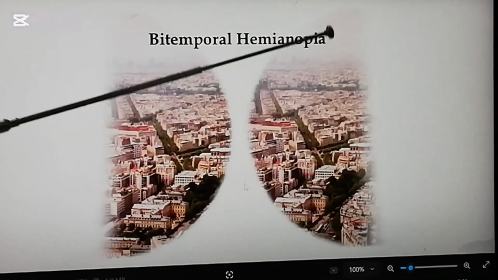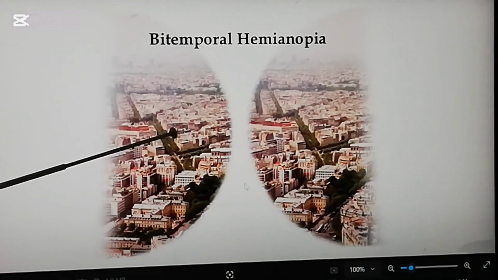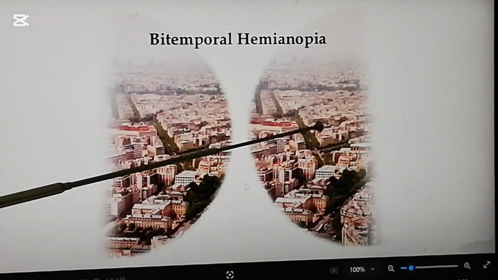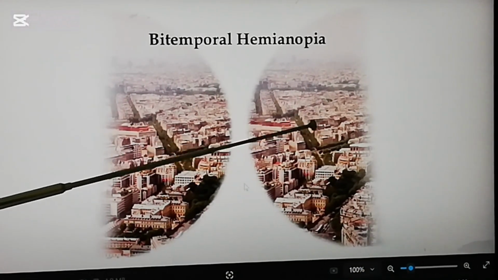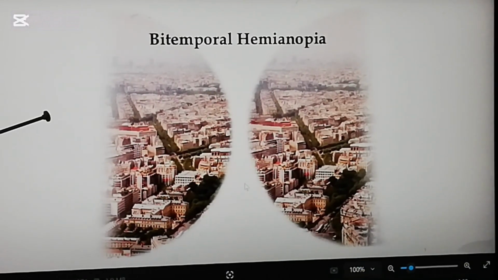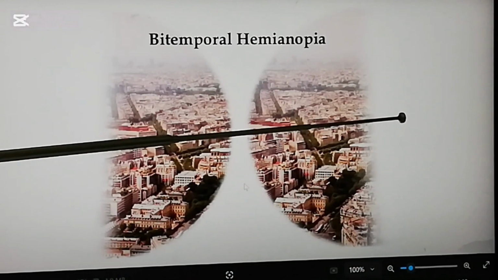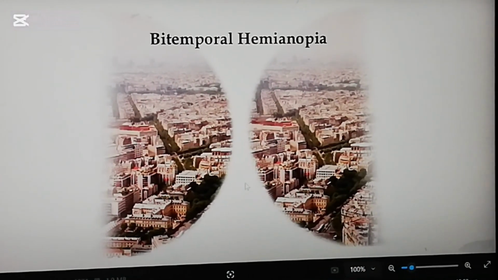Now see the next image. Here what do you see? You can see a tunnel vision. You are observing in your visual field the nasal sides, which are intact, but there is nothing on the temporal side bilaterally. So you label it as bitemporal hemianopia.